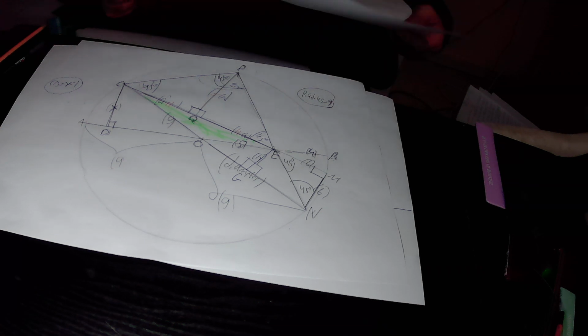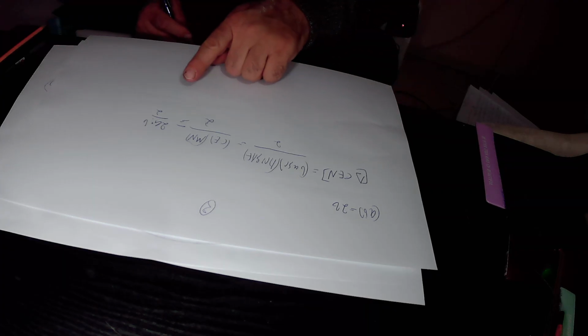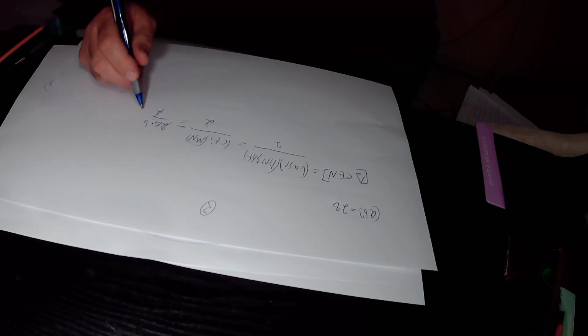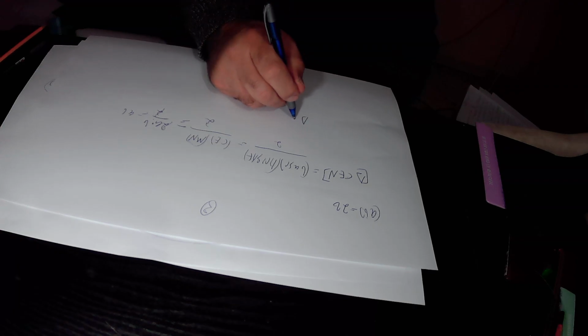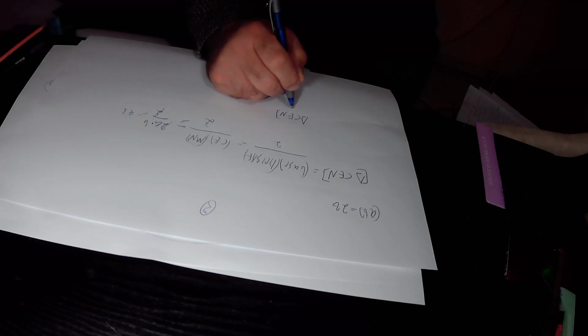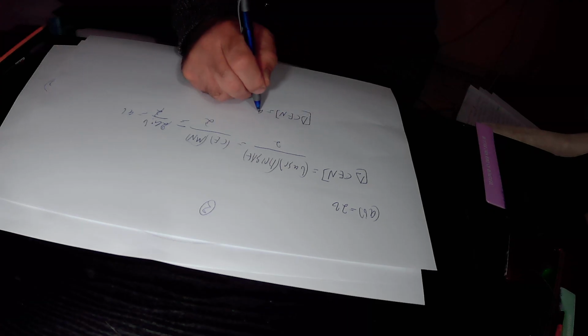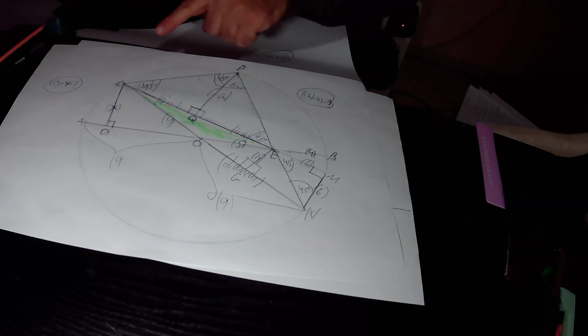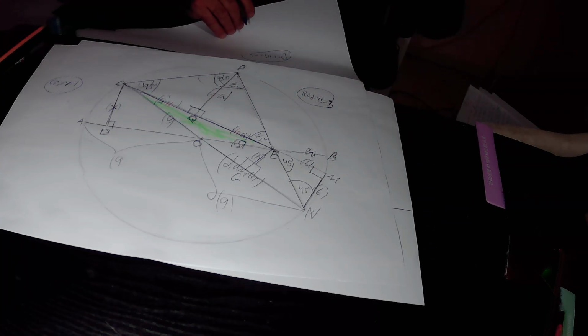So in total we found out that the area of the big triangle CEN equals 2AB over 2. Here we have 2 in the numerator and 2 in the denominator, so the 2 gets cancelled, and we are left only with AB. In total we found out that the area of the big triangle CEN equals A times B squared in size.